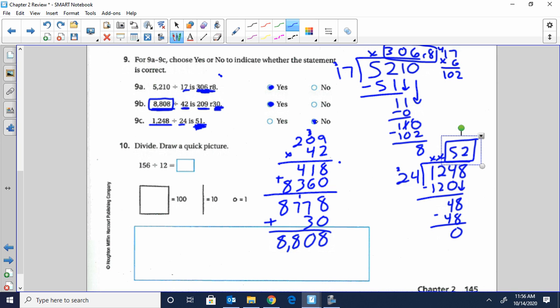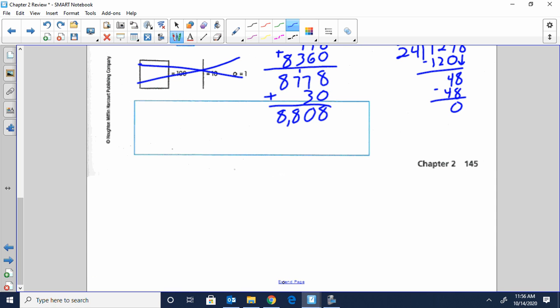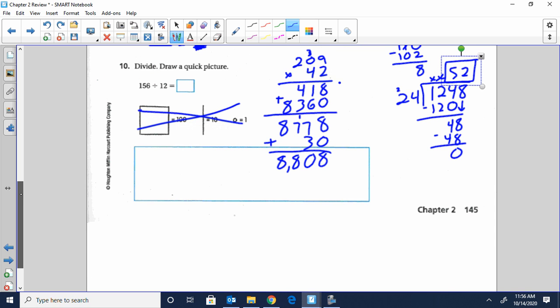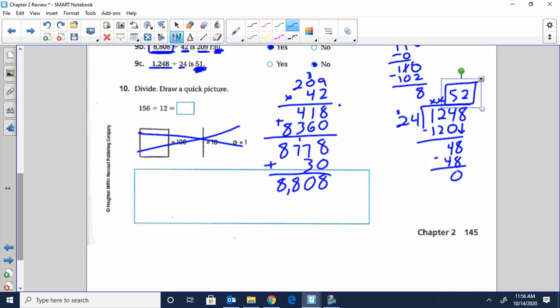We're going to go ahead and skip down to number 10. Number 10, we are not going to do the picture part. We are going to just do the division side of things. So we're just doing 156 divided by 12. 12 does not go into 1. 12 goes into 15 once.